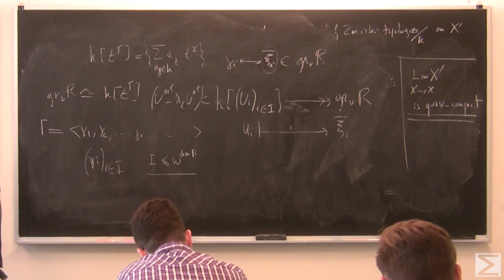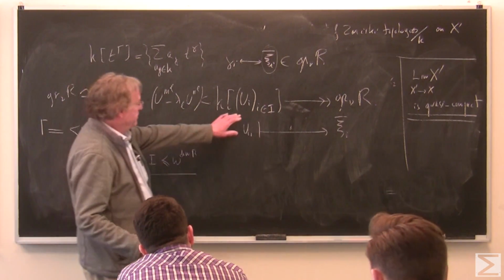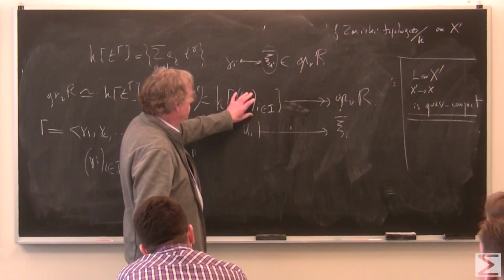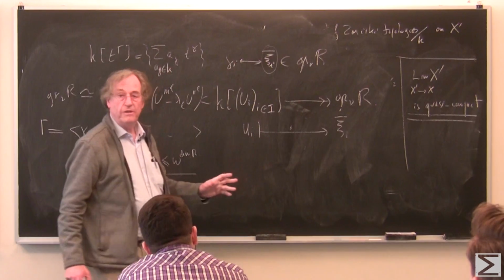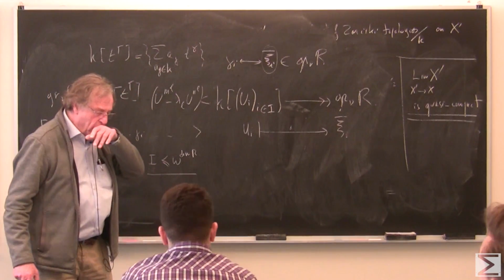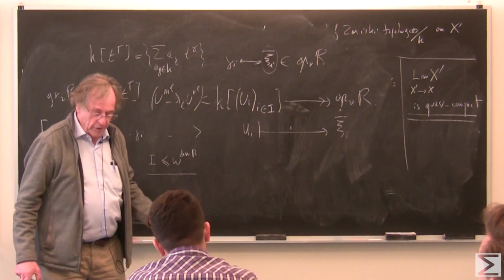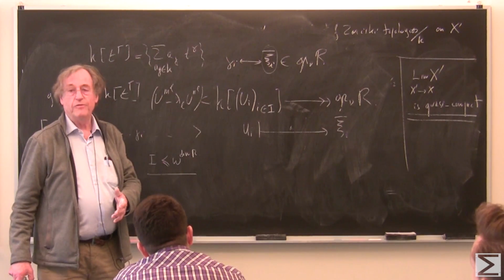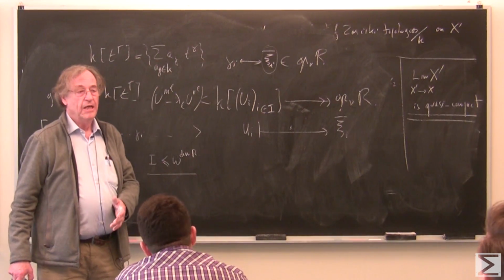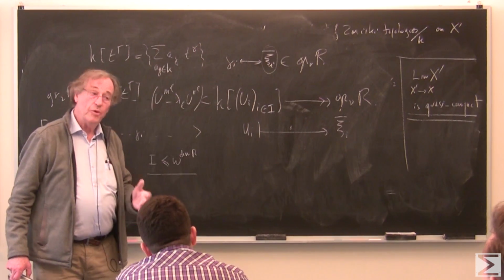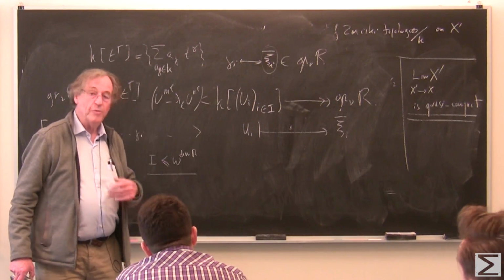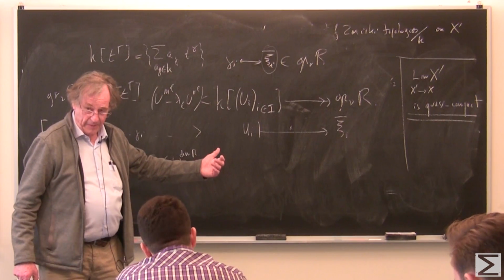Think of it this way. This is a graded map. It's homogeneous. It sends each homogeneous component here to a homogeneous component there. If you have a polynomial in the kernel, you can decompose it as a sum of homogeneous polynomials. Now, a homogeneous polynomial which is in the kernel cannot be a monomial, because monomials don't go to zero under this map.